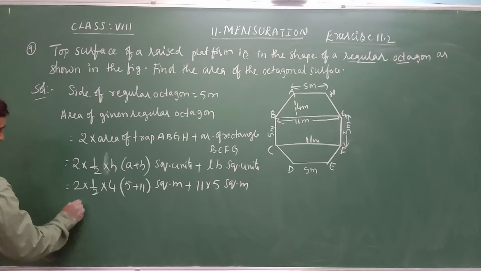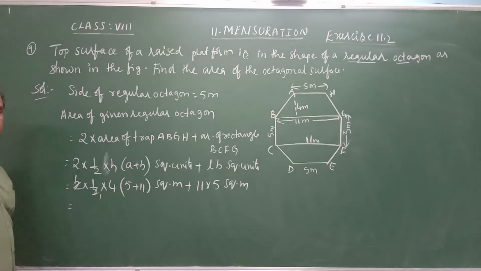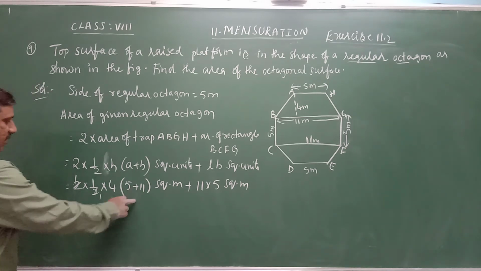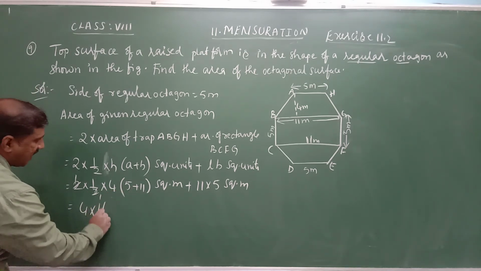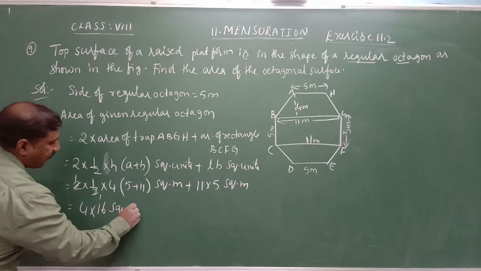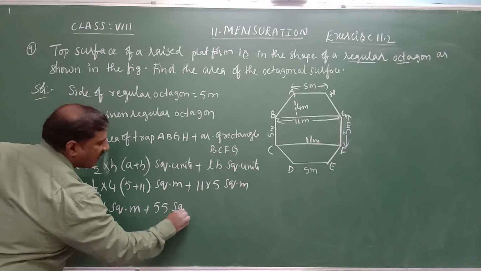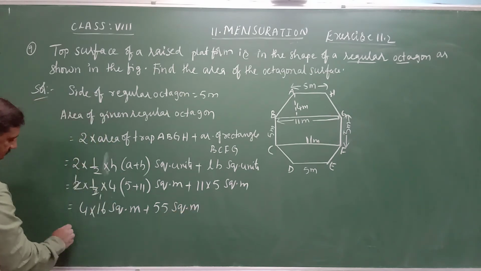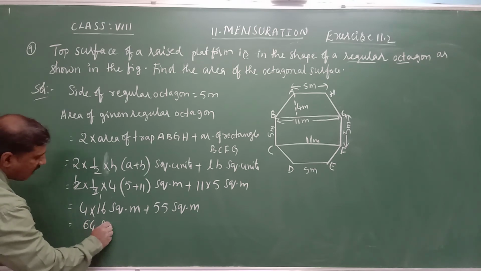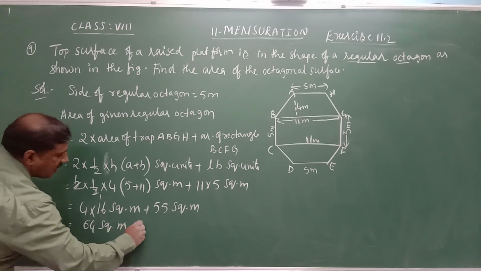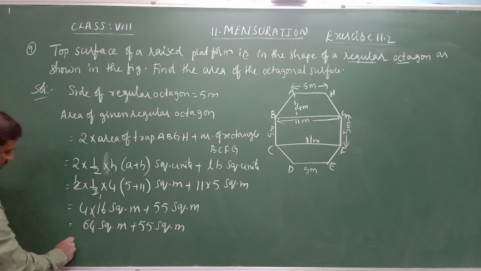Now simplify this. The 2 and 1 by 2 cancel. 5 plus 11 is equal to 16. So 4 into 16 square meters plus 11 into 5, 55 square meters. Now 4 into 16, 16 fours are 64 square meters, plus 55 square meters. Now what is the total we will get?